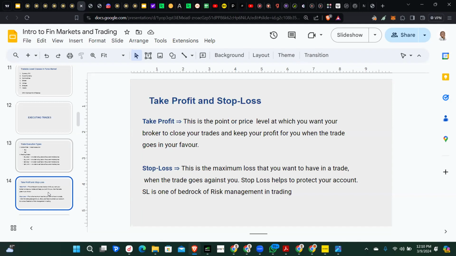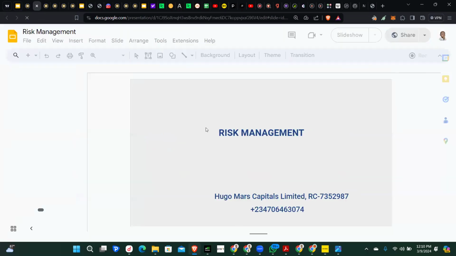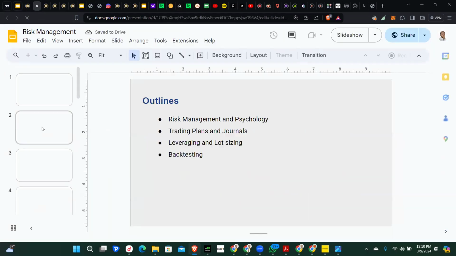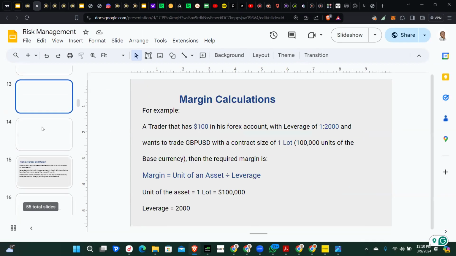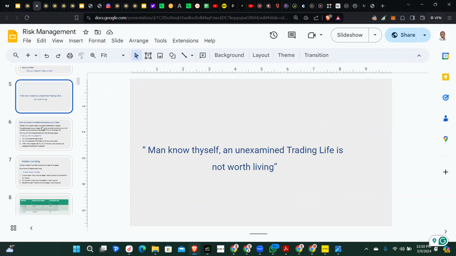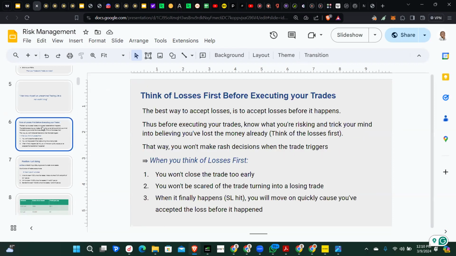At every point in time, I think we discuss this more in the risk management section. In the risk management section, we deal with this more, how you should be able to know your losses ahead of time.